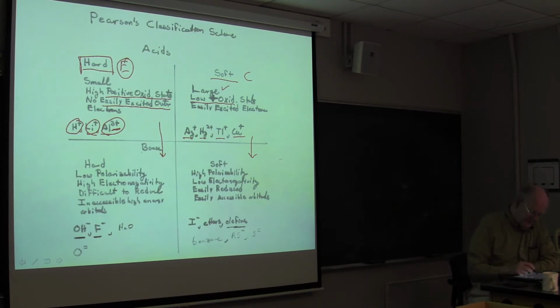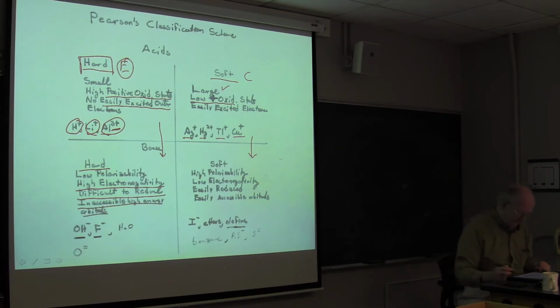So shifting over to bases, the hard bases are species that have a low polarizability. They have a high electronegativity. They're difficult to reduce. They're already in the lowest oxidation state you can get them in. And they have rather inaccessible high energy orbitals. Very representative hard bases, hydrogen ion.